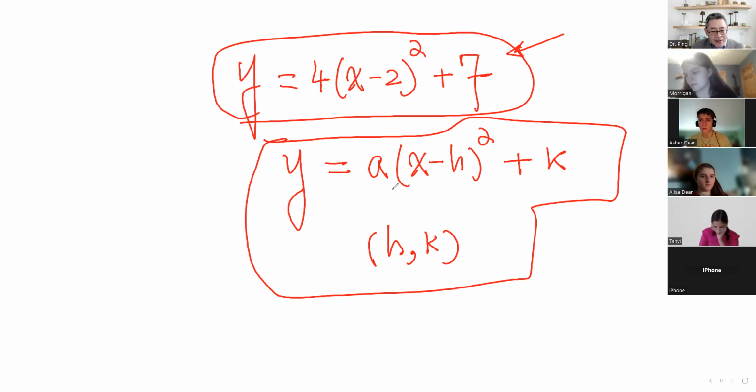You see how these two match? This is basically our template. 4 is our a, 2 is our h, 7 is our k for this case. So therefore, the point is 2 comma 7.